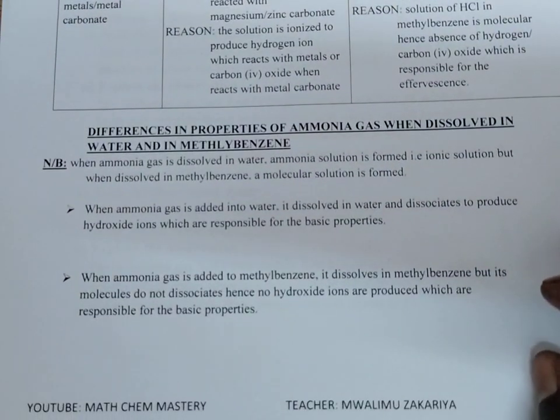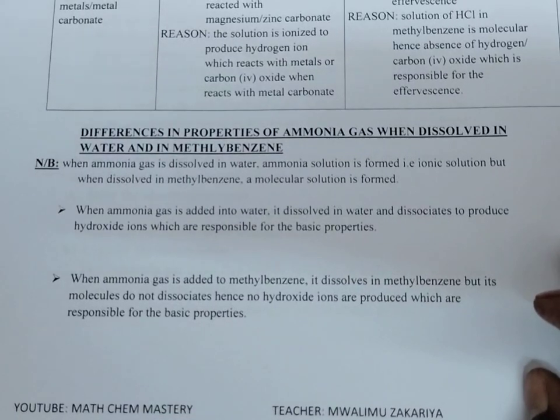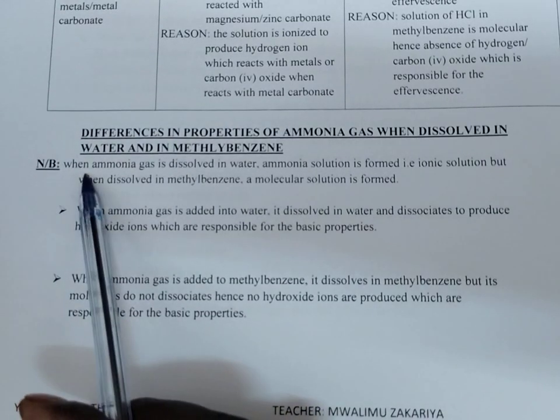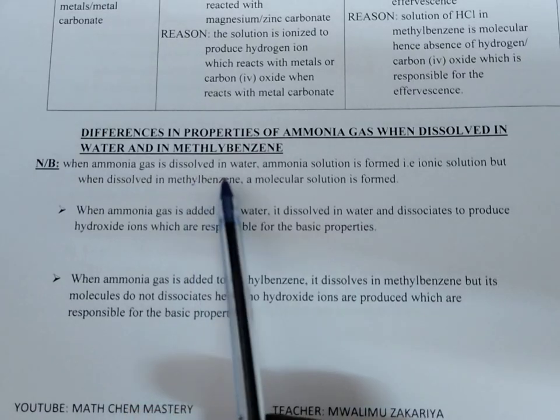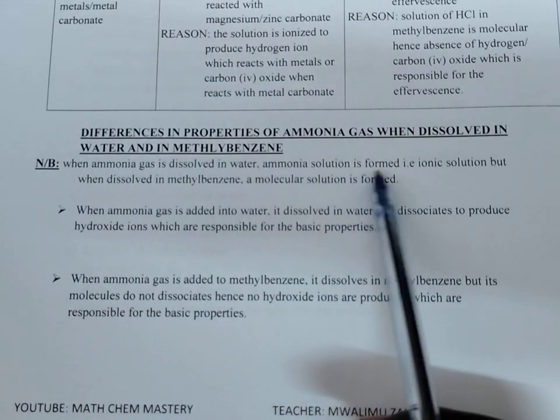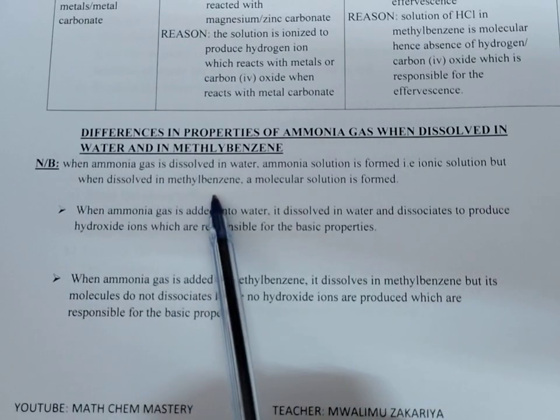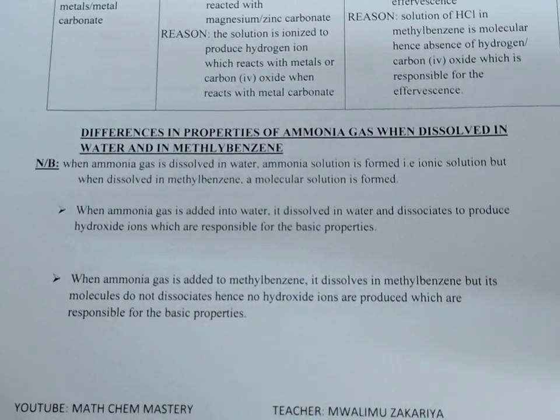Let's see now ammonia gas. We want to see the differences in properties of ammonia gas when dissolved in water and methyl benzene. Note that when ammonia gas is dissolved in water, ammonia solution is formed. That is an ionic solution. But when dissolved in methyl benzene, a molecular solution is formed. What is the reason?